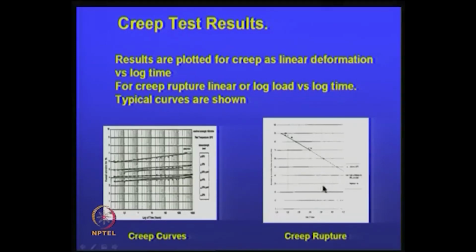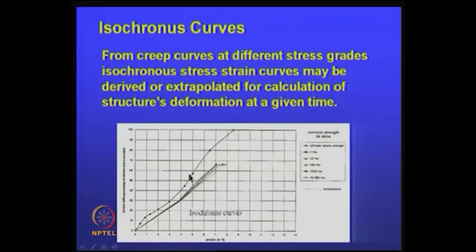So, creep rupture is one possibility. This is the way that we construct creep load curves, and from this we construct what we call isochronous curves, which means that at the same time we would like to see the effect. For example, here the tensile strength of that geogrid or geotextile material is 35 kilonewton per meter, and this is the stress strain curve immediately after the product is delivered to you, the immediate rapid test.